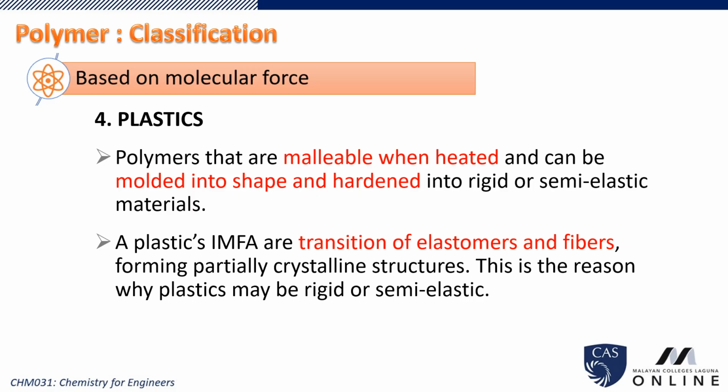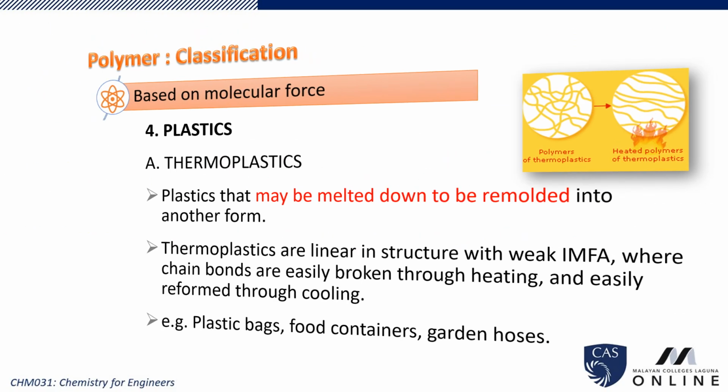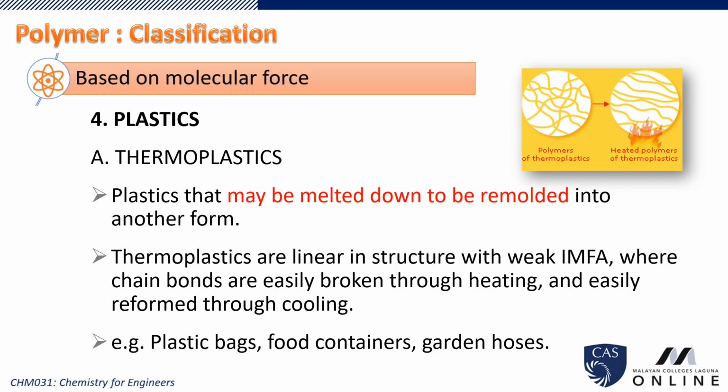This is the reason why plastics may be rigid or semi-elastic. Under plastics, we have thermoplastics and thermosets. Thermoplastics can be melted and reshaped multiple times, and they have linear or lightly branched structures with weaker intermolecular forces.